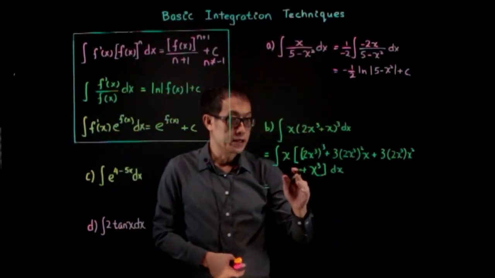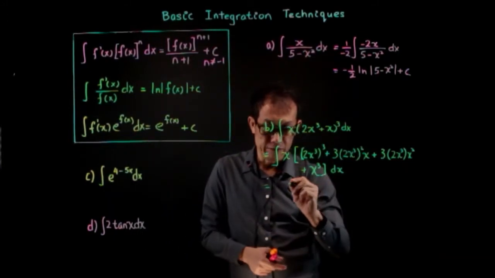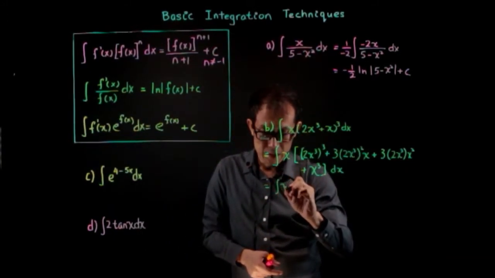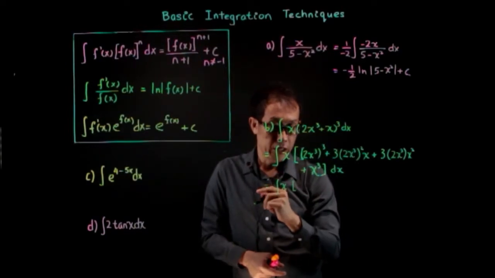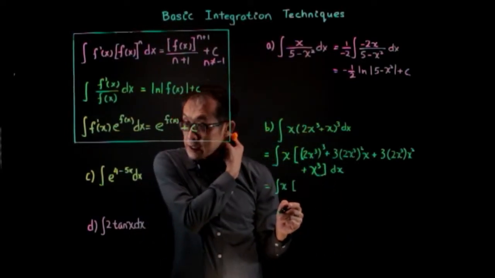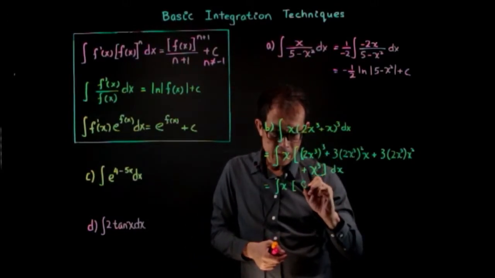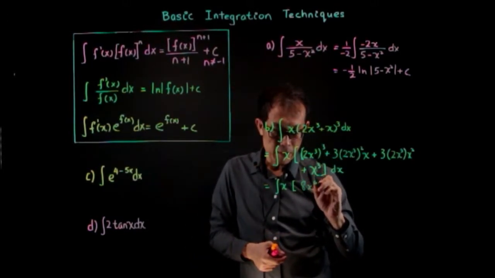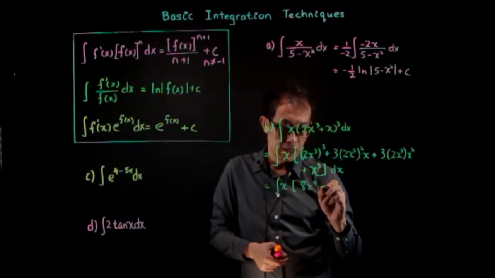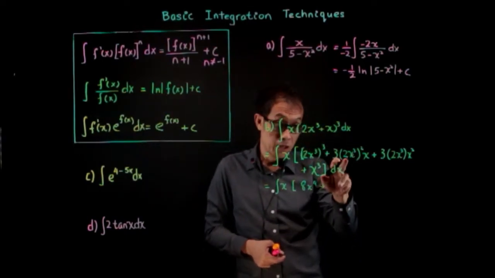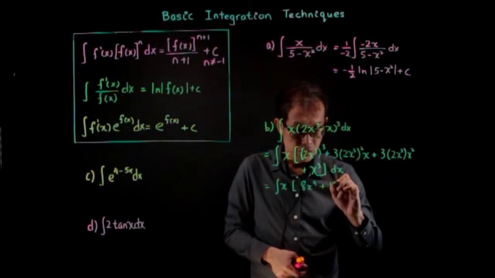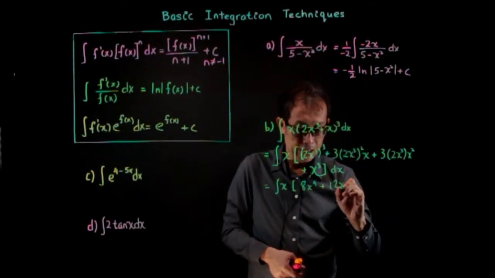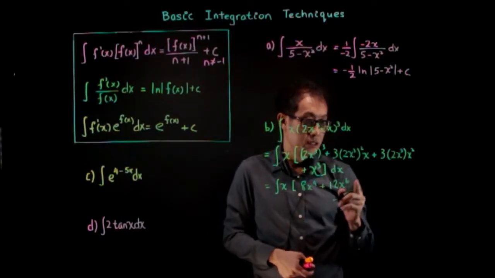Now let's expand the inside bracket first. So what do I get here? 2 to the power of 3 is 8, 8x to the power of 9. How about this? 2 squared is 4, 4 times 3 is 12, 12x to the power of 6.